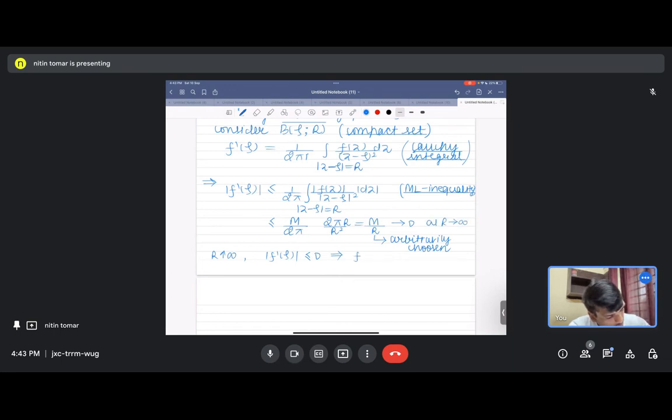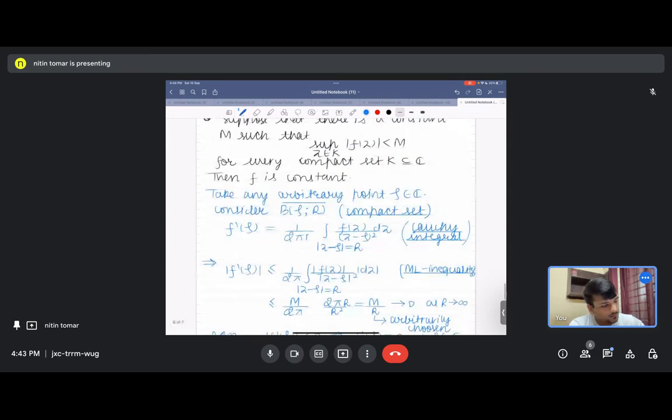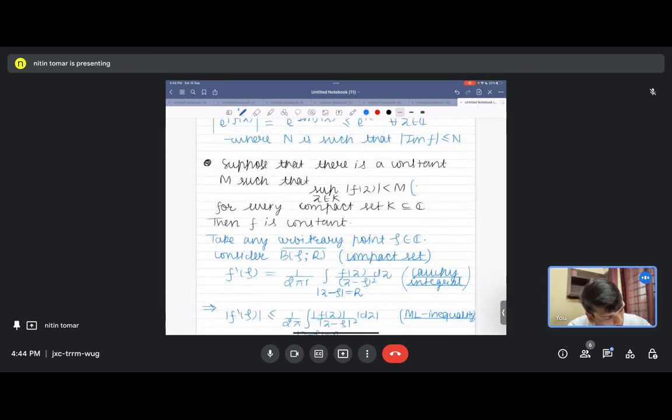So this is going to be 0, and because zeta was arbitrary, this holds for all of C, so hence f is constant. Is this clear? One thing, this bound is a uniform bound. It is not changing with the compact set. Then it becomes Liouville's theorem only.